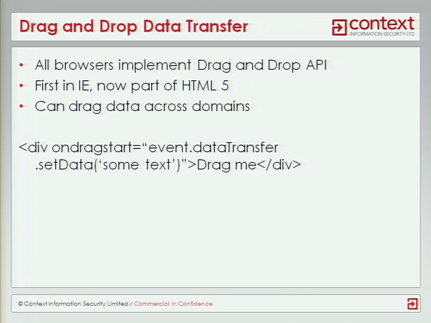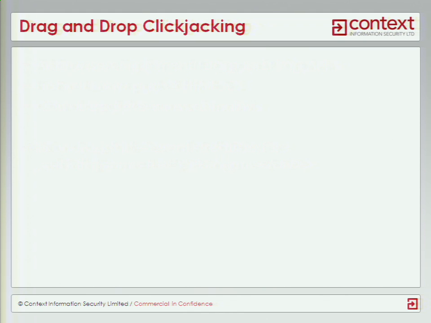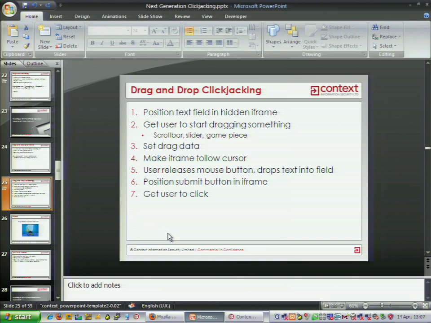So what this says is, when I start to drag this element, associate this data with it, some text. And when it's dropped, that text will be entered into a text field or onto the site. So I'll just show you that quickly.